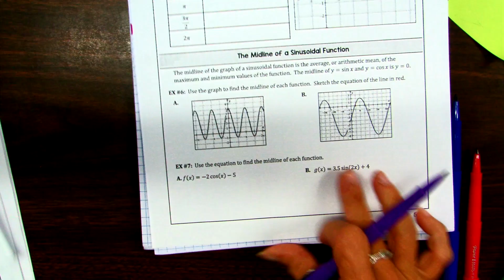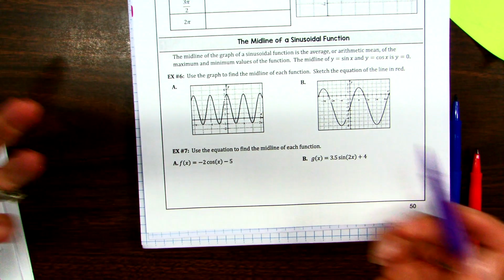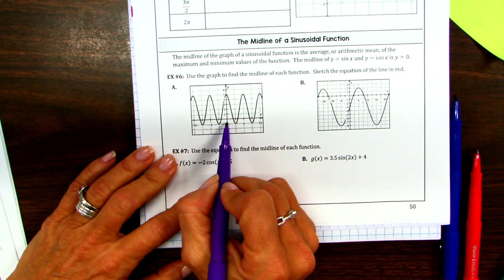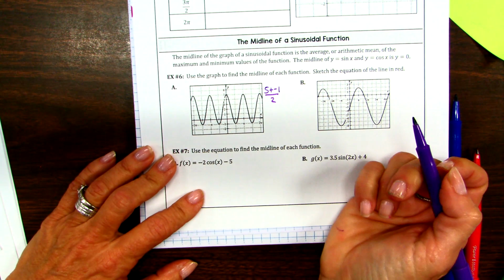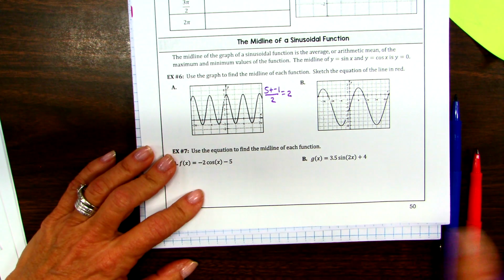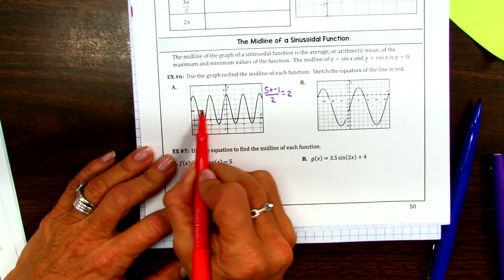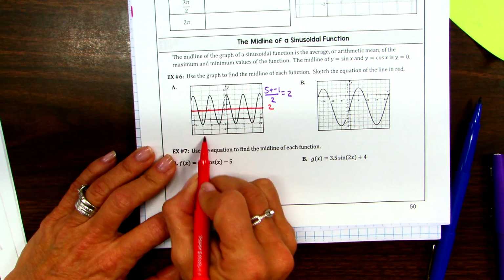Okay? All right, last question, find the midline on a graph or in a function. We just did this one. This is the same exact graph we were just looking at. 5 plus -1 divided by 2. One thing I've been a little lazy about is, we'll label it. Let's make it solid for Dan. I'll put 2. It's really y equals 2.